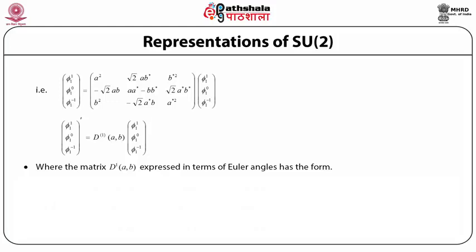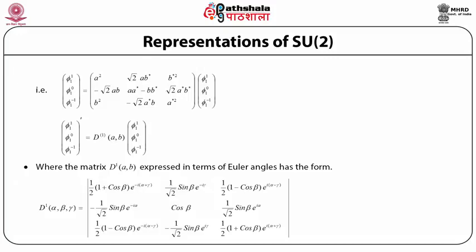And when it is done so, the matrix of transformation D1 is a function of 3 parameters alpha, beta, gamma, and can be written as a 3 by 3 matrix, which is shown in the slide.